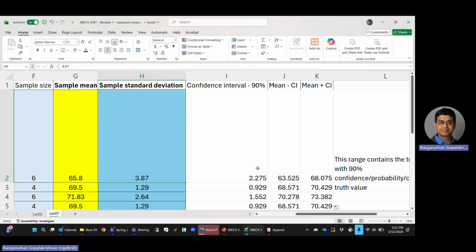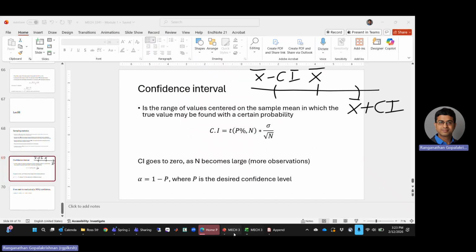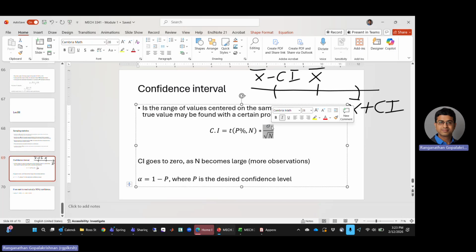Think of confidence interval as a quantity that has the same units as your standard deviation. It's kind of like a scaled standard deviation or a corrected standard deviation. If you look at this formula here, it is proportional to standard deviation. N is just a number, so it doesn't have any unit. And T is also a number that you read from that table I showed you. So CI and sigma have the same units. It is just a scaled form of the standard deviation.